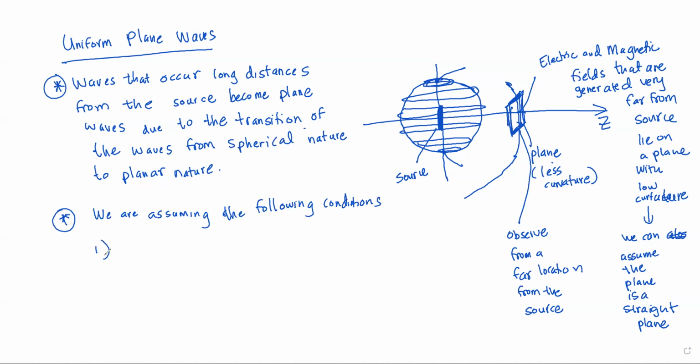The first condition is that both the electric and magnetic fields, I will write H as the magnetic field, so B is the magnetic flux density, H is the magnetic field, both E and H depend only on the coordinate axis Z, so they depend only on the axis along which the wave is propagating.